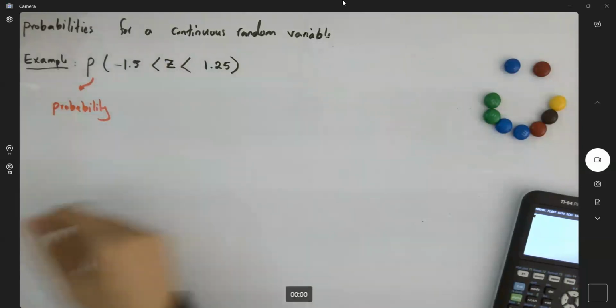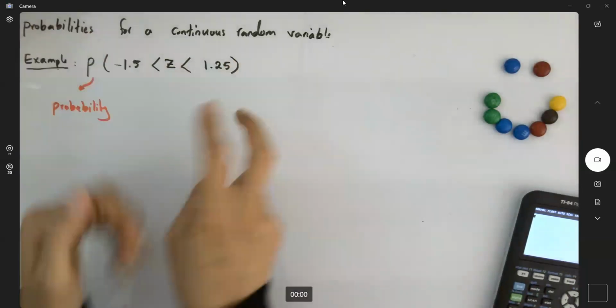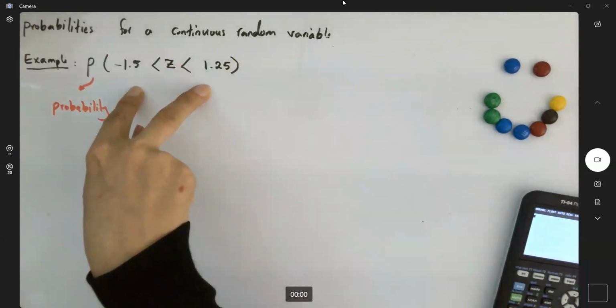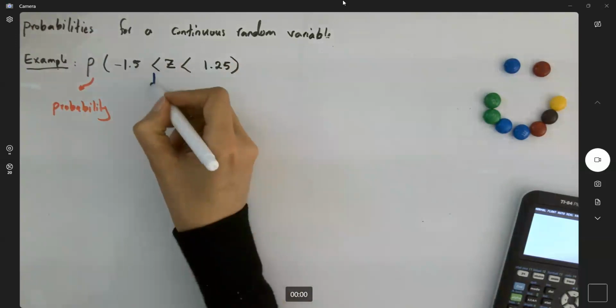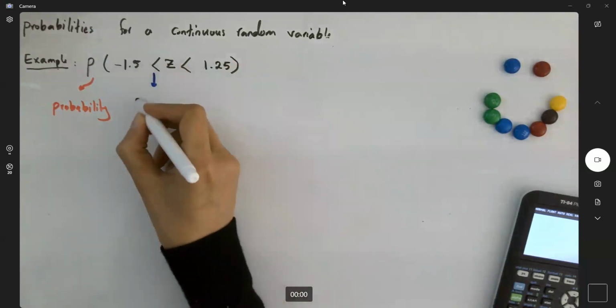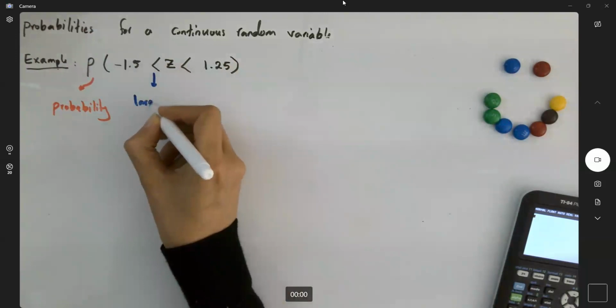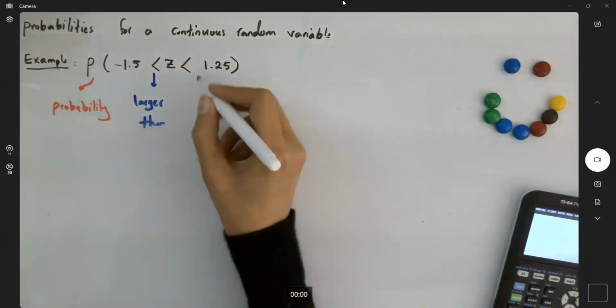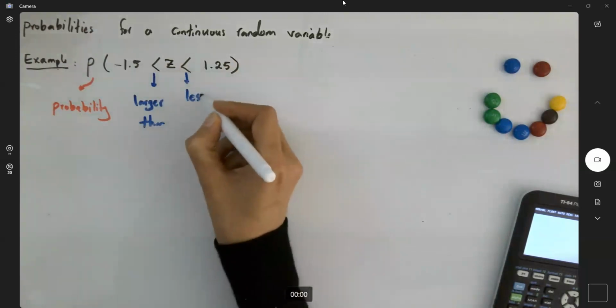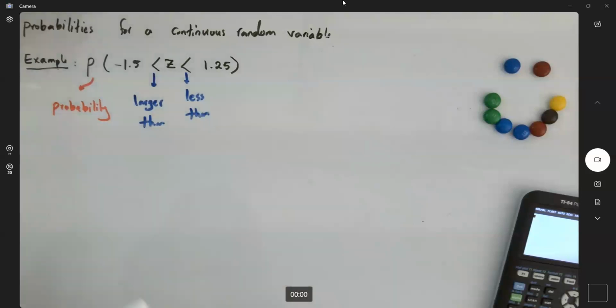It means that your z is sandwiched between these two numbers. So what it says, z-score is larger than negative 1.5, and z-score is less than 1.25. So let's take a look at our graph.